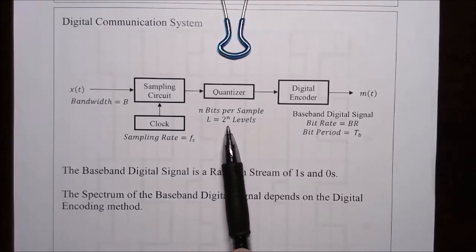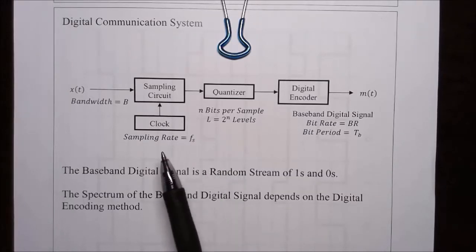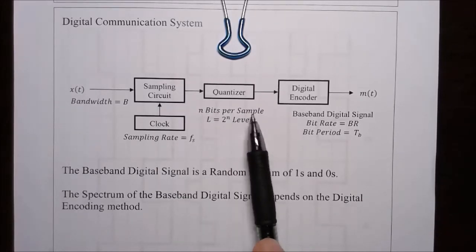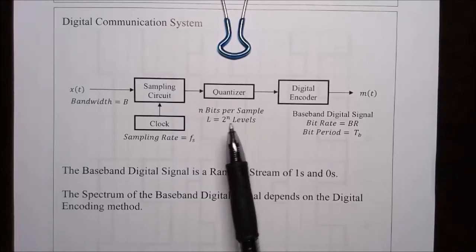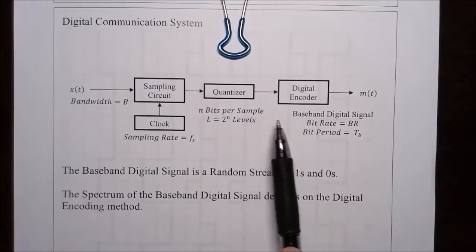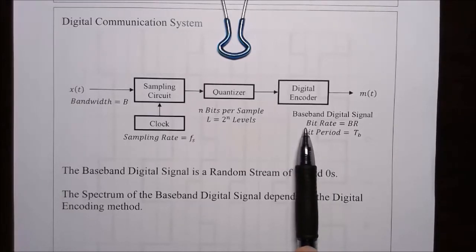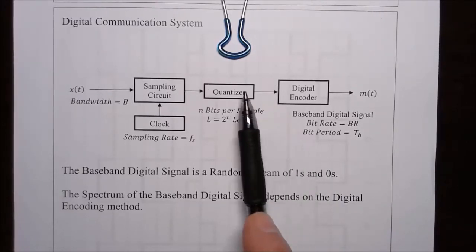So the number of bits is determined by the criteria goal for the signal to noise ratio in the quantized signal. So now we have the sampling rate in samples per second and the number of bits per sample. You multiply the two together, and you will get the bit rate for the digitized signal.